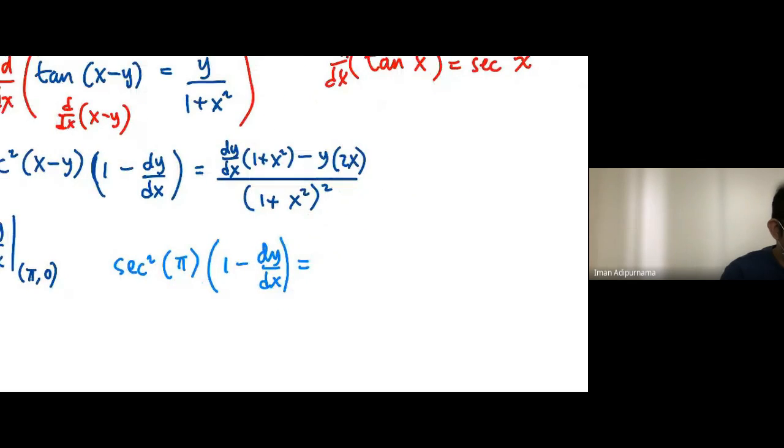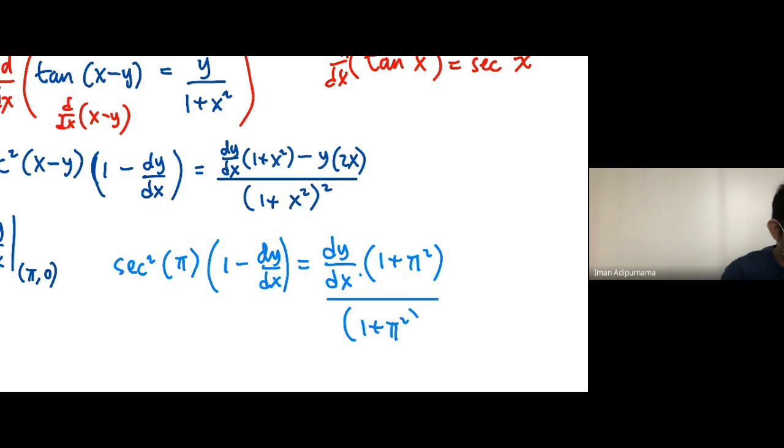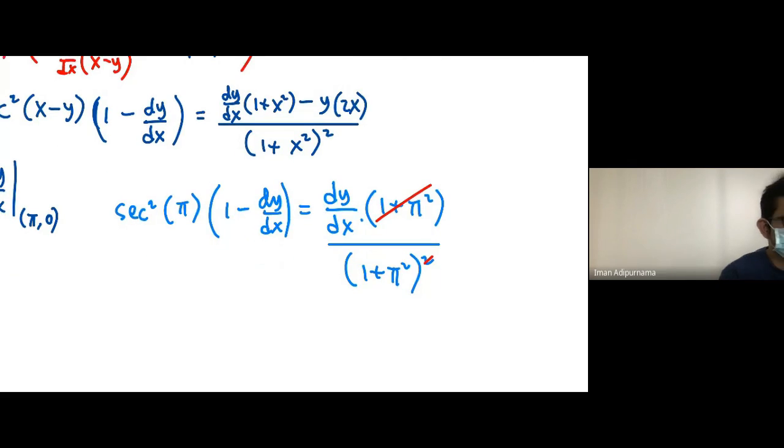is equal to dy dx. This is 1 plus pi squared, and this is 0, and this will be 1 plus pi squared. So we can remove this.